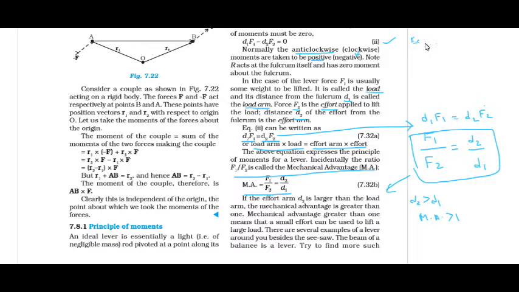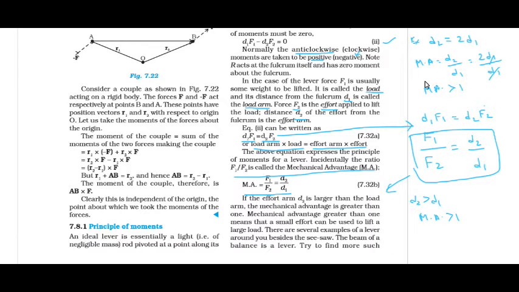so mechanical advantage will be d2 by d1. Instead of d2 we can write 2 d1 by d1, d1 cancels. So mechanical advantage in this case is 2, which is greater than 1.